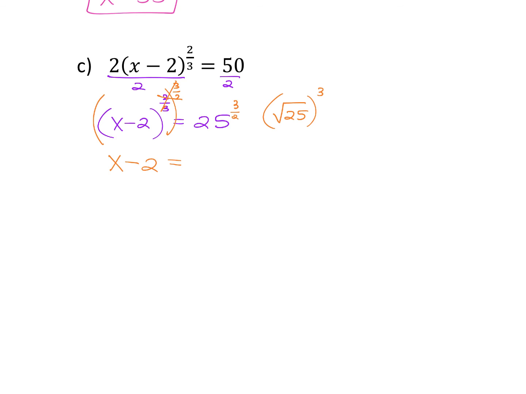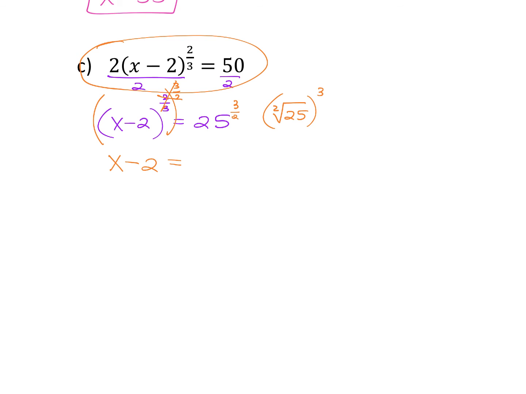But here's the thing. You took a square root. And when in an equation, we take a square root of something, how many answers are there? There's 2. For all these other ones so far, you've been taking a cube root. Remember when the root number, the index is odd, we just take the one answer, okay?